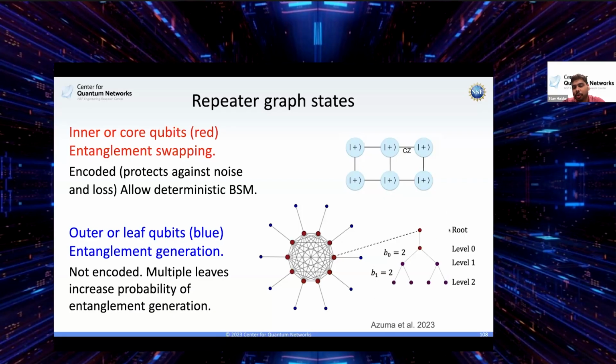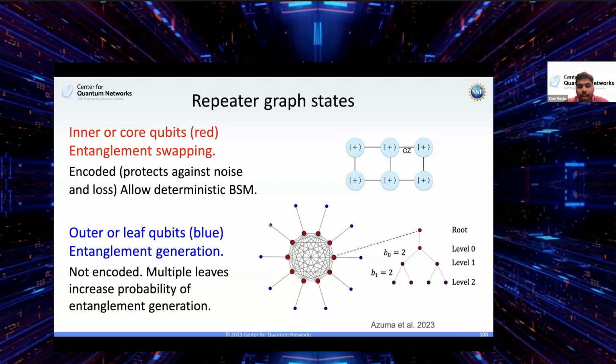But one of the ways to do this is to store this qubit not as a single physical qubit, but as multiple physical qubits. So this is a logical qubit, but nonetheless, it's some plus logical state. These inner qubits are also sometimes called core qubits or root qubits. And then the outer ones are typically called leaf qubits or outer qubits.